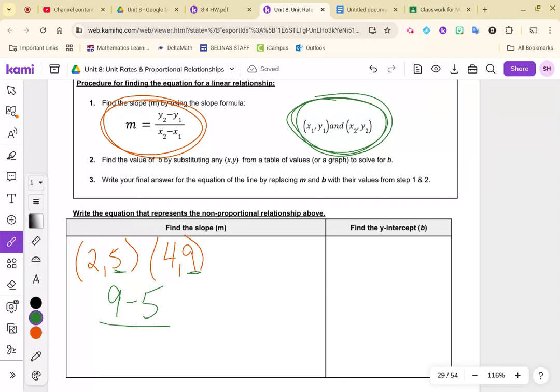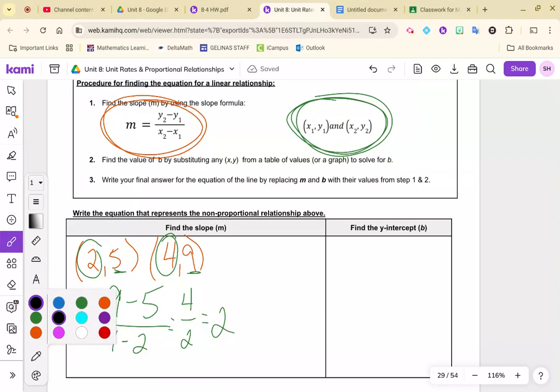And then we're going to divide that by x2 minus x1, the second x value with the first x value. So we're going to do 4 minus 2. And so if you do 9 minus 5, you get 4. If you do 4 minus 2, you get 2. And 4 divided by 2 equals 2.